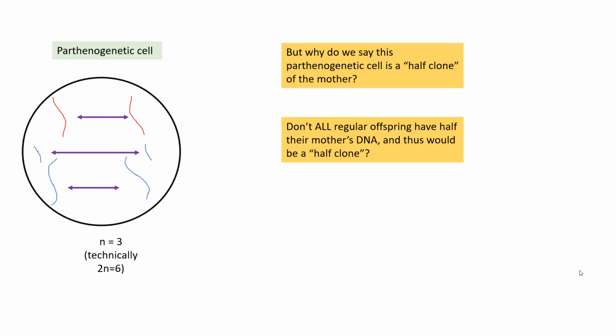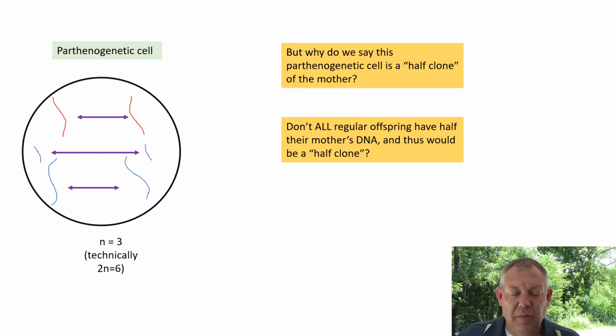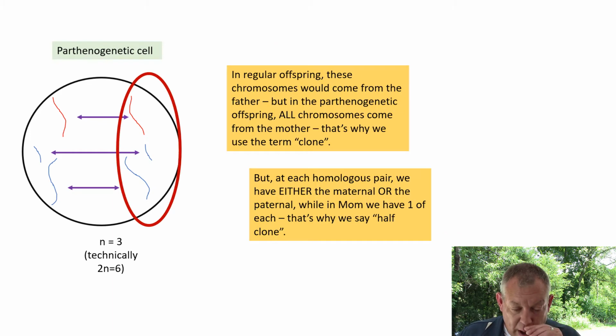And so then why do we say that this is a half clone of the mother? I mean, don't all offspring have half their mother's DNA? So how come a regular offspring that gets half its mother's DNA, we don't call that a half clone? Well, I think in a regular offspring, half of those chromosomes come from the father.